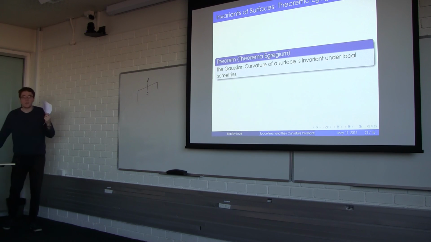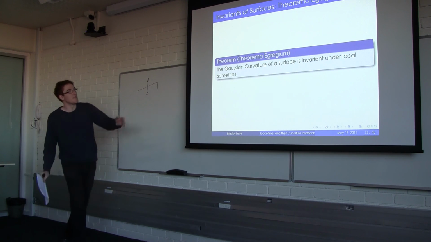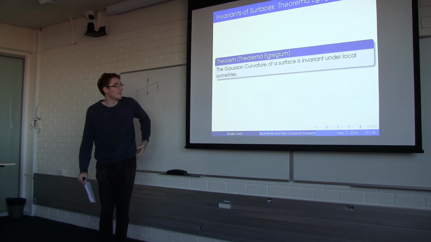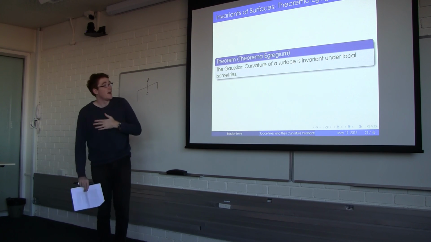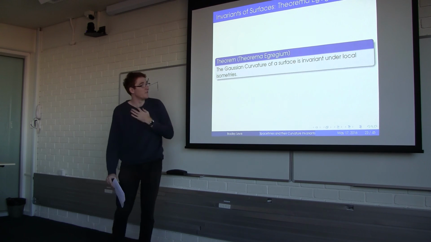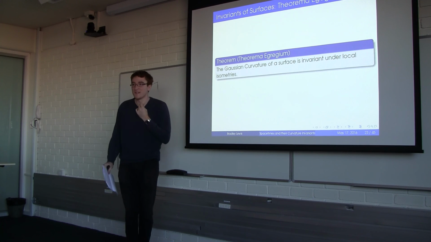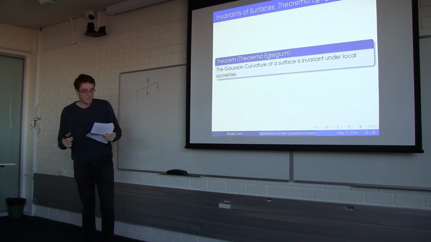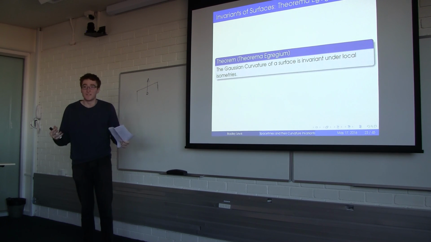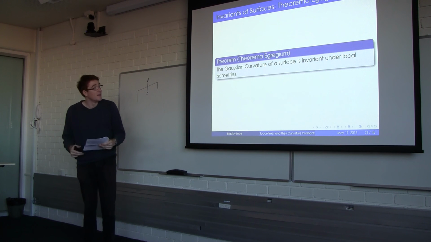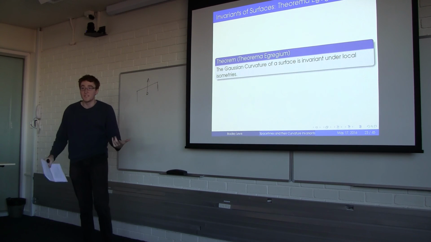The reason why we care about these quantities is that we have this theorem from Gauss called the Theorema Egregium, and it states that the Gaussian curvature of a surface is invariant under local isometries. So that means that if you have two surfaces that are isometric, then they have the same Gaussian curvature.